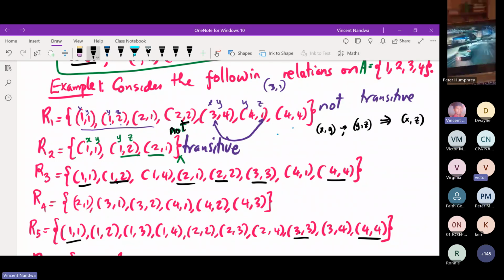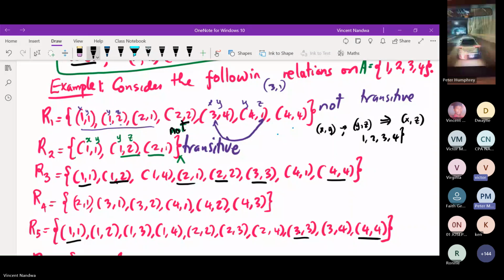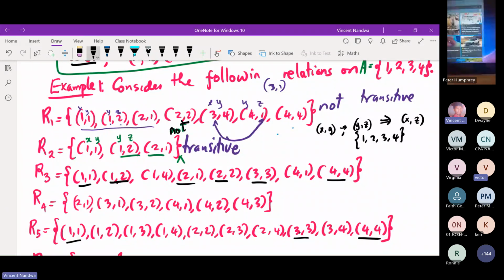Now let's see. We have numbers 1, 2, 3, and 4, as the set on which these relations R1 to R6 were defined had elements 1, 2, 3, and 4. So y, the middle number, is actually what is common to these two pairs.